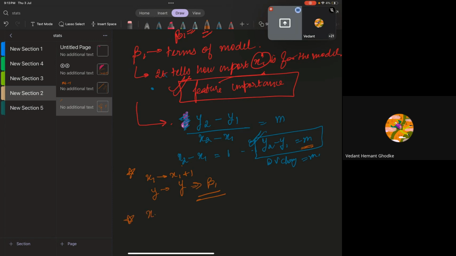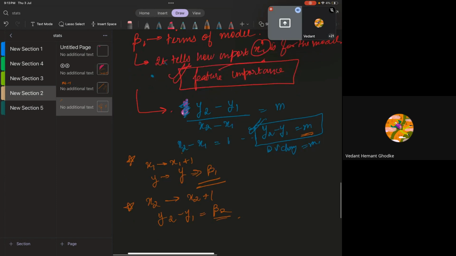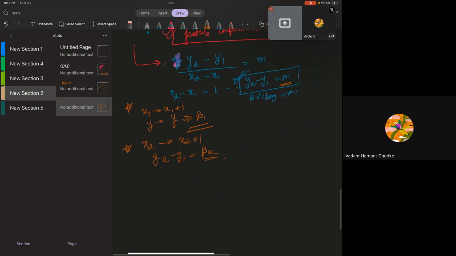When there is 1 unit of change in x2, the dependent variable will change by beta 2. Now this stays intact. Interesting, right, everyone? Yes or no?